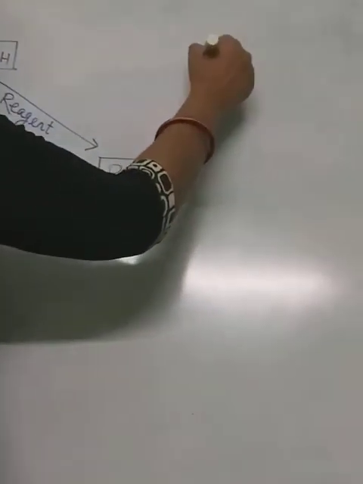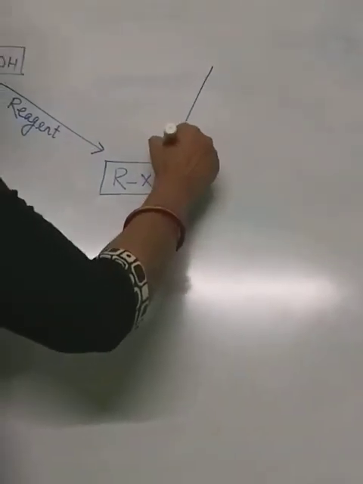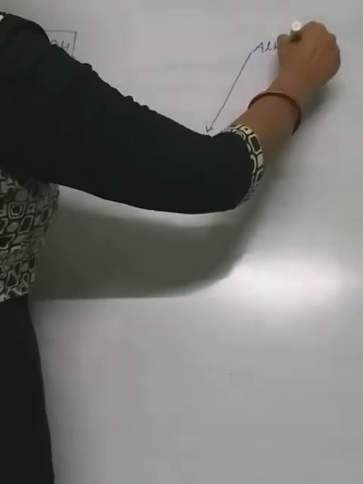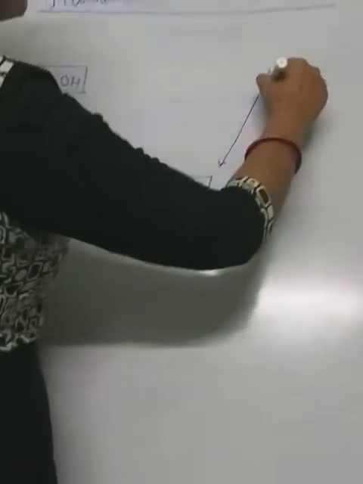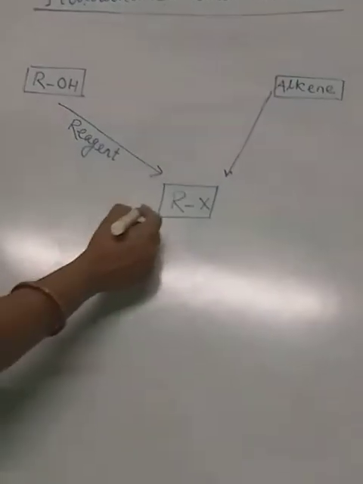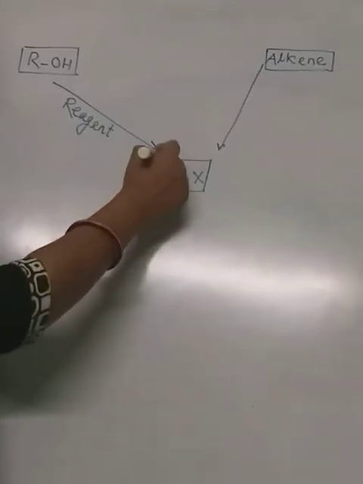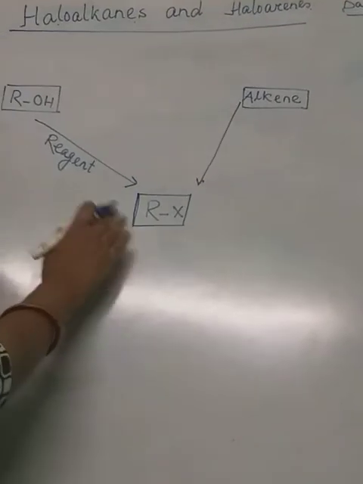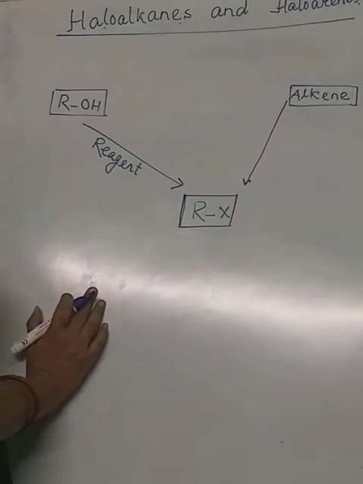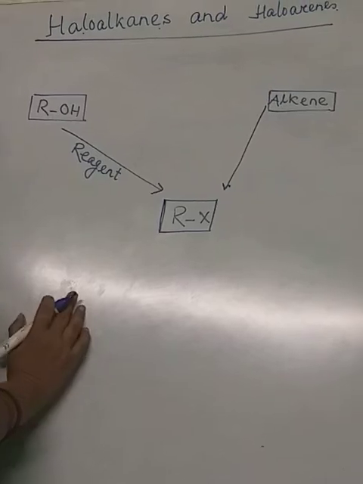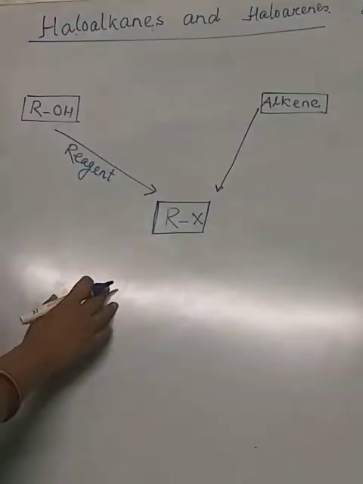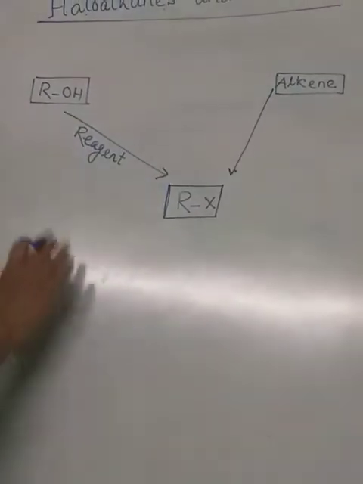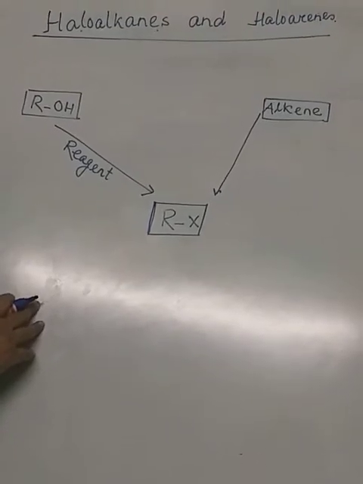The other sources are alkene, a double bond. We even have other preparations of haloalkane through various other methods. So that all we will see together.